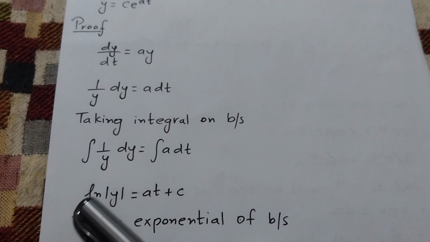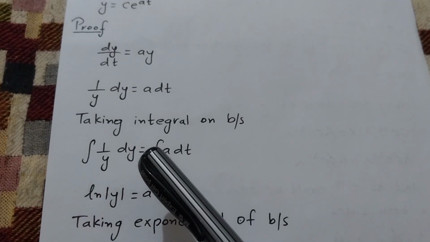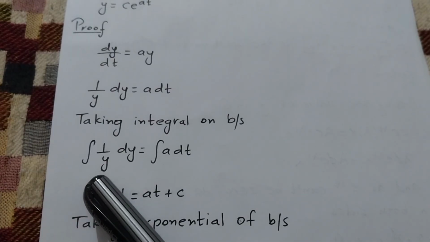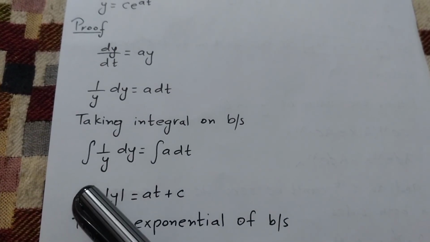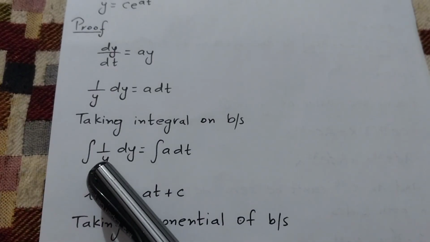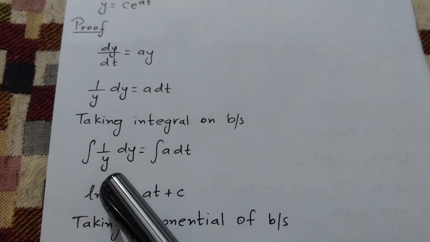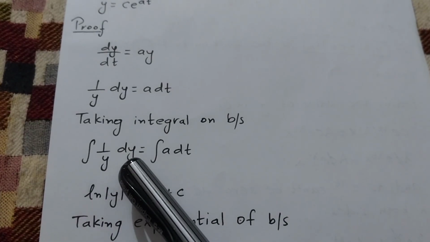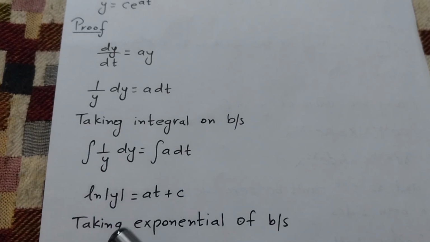So we are interested in the value of y. So as we are interested in the value of y, we'll take the integral of this equation on both sides. And when we take the integral, on the left hand side we have the integral of 1 over y with respect to y. So we know that the integral of this function 1 over y would be natural log of absolute value of y.